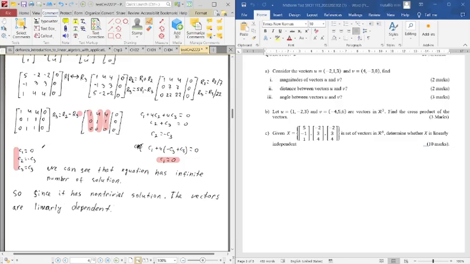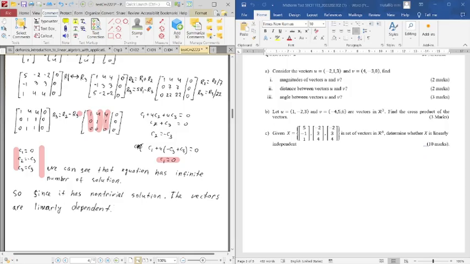Our result is this. So we can see that our equation has an infinite number of solutions. Let's check here. Let's say our C2 is equal to 5. When we put 5 in for C2, our C3 would be negative 5.